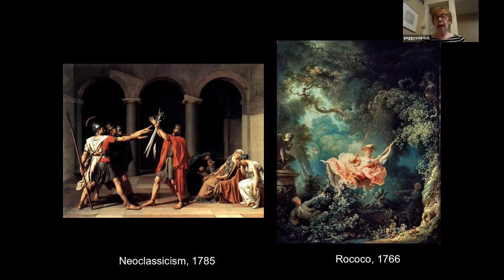The one on the right, painted for the aristocracy, is seen now as a demonstration of their lack of morals, no strength, their weakness and lack of morality, where now the neoclassical painting is held up as the symbol of highest morality, particularly by the revolutionaries, and the idea of a republic.